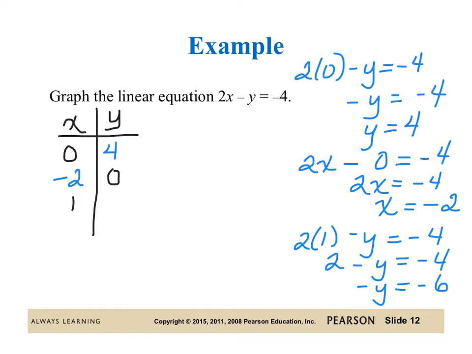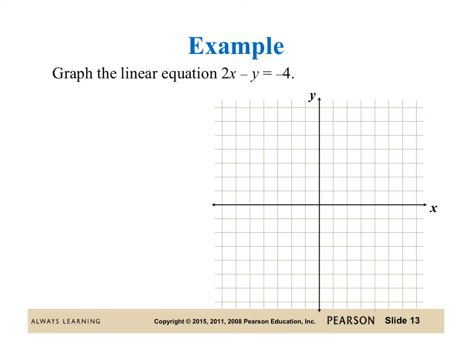And as we did in our first choice, when we let x be 0, multiply both sides by -1 or divide both sides by -1, and we have that y is equal to 6. So we have the 3 points (0, 4), (-2, 0), and (1, 6). So I'm going to make a note of those points.